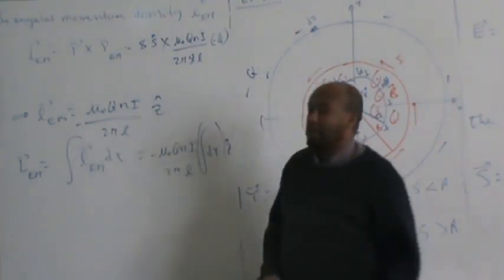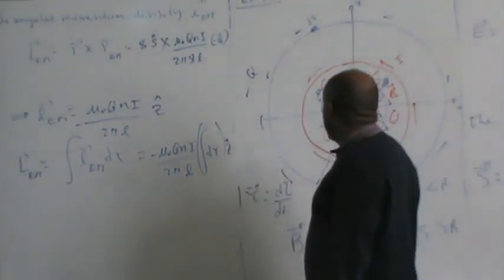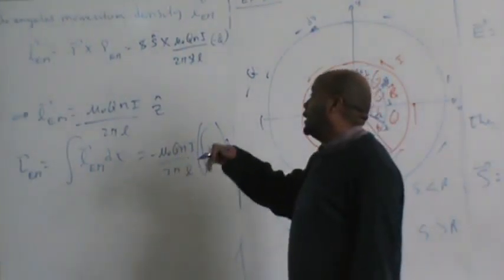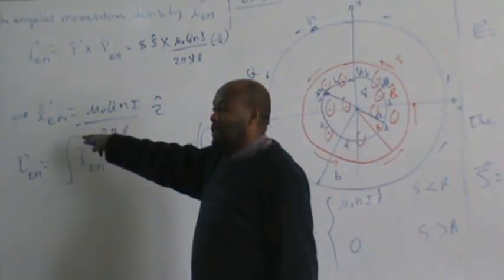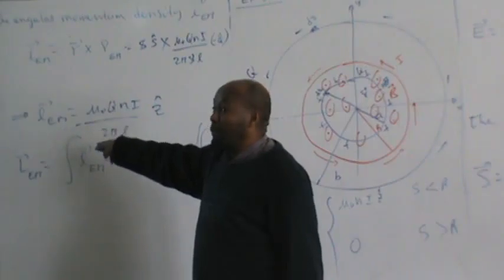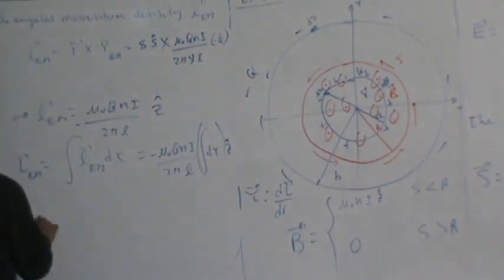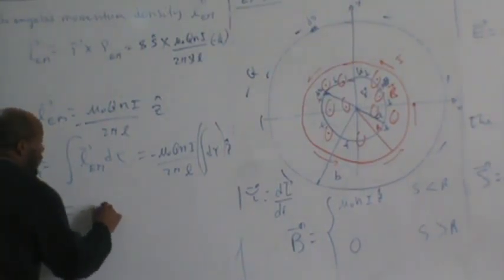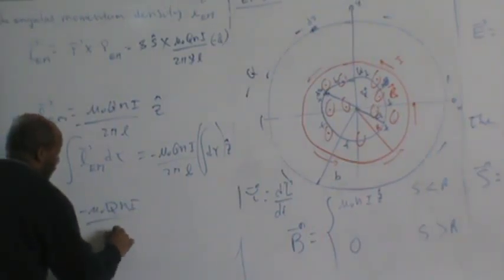So the integral of d tau gives you what? The volume. So what should be the volume of the region where you have a non-zero electromagnetic angular momentum density?